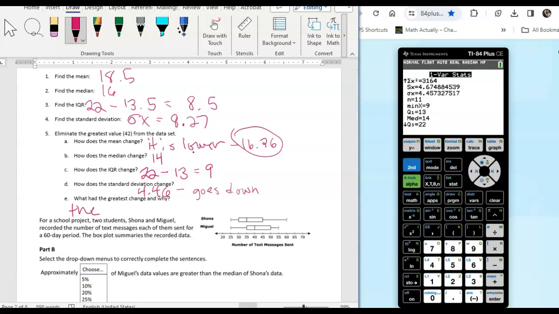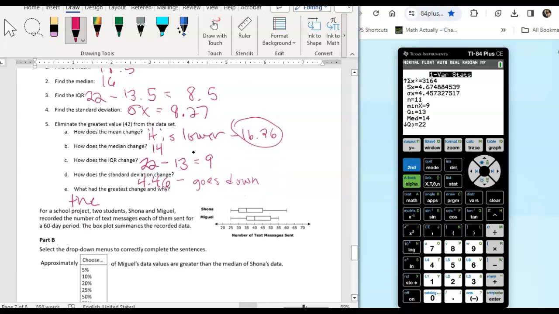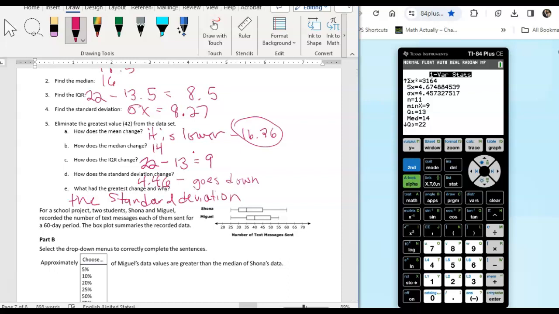standard deviation, right? And so the standard deviation, because of the change in mean, right?